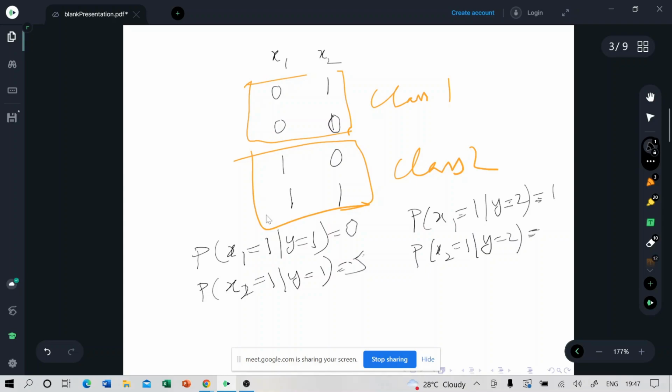Now I'm just putting the values. Probability of y is 0.5, x2 is equal to 0 given y is equal to 2 is 0.5, and the last one, x1 is equal to 1 given y is equal to 2 is 0, so it's again 0.